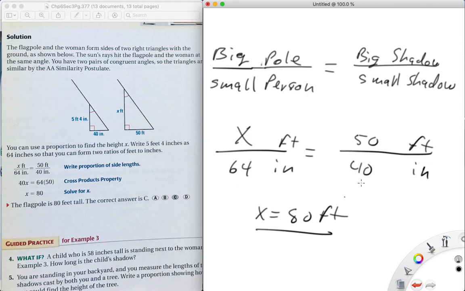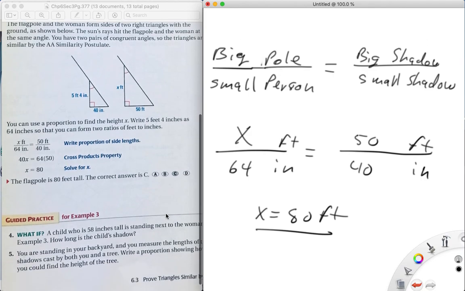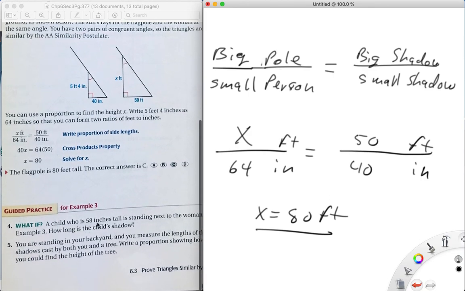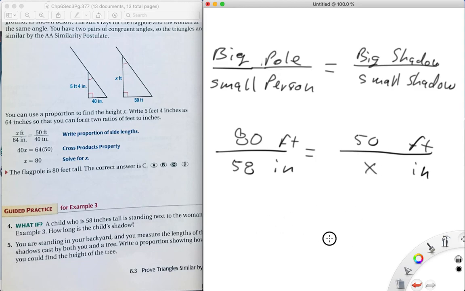Okay. Using that same thing in mind, they say that there's a child who is 58 inches tall. So the child is 58 inches tall, small person. We know the size of the flagpole now, which is 80 feet. We want to know the shadow. We don't need to know what the shadow is of the person, small shadow.